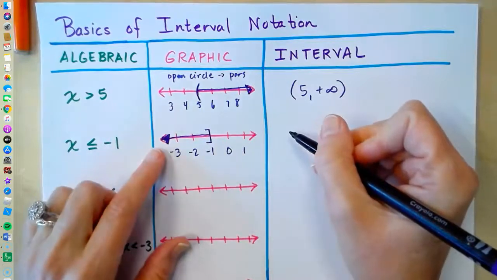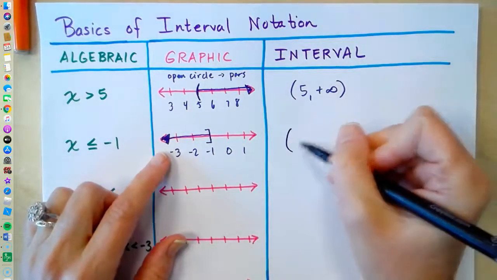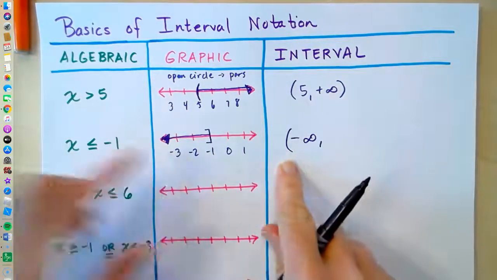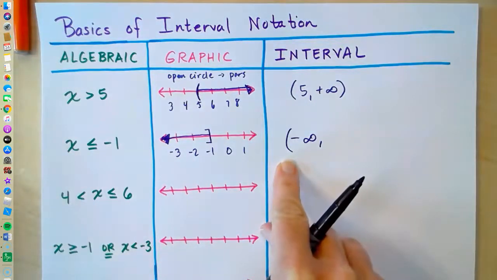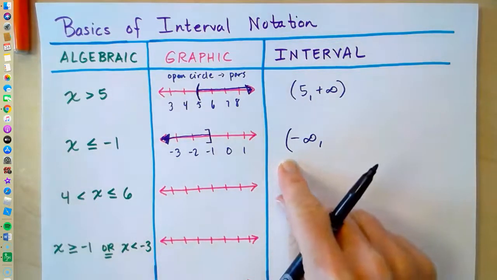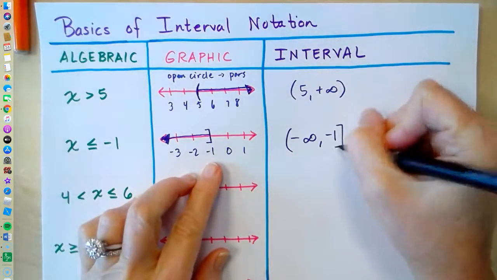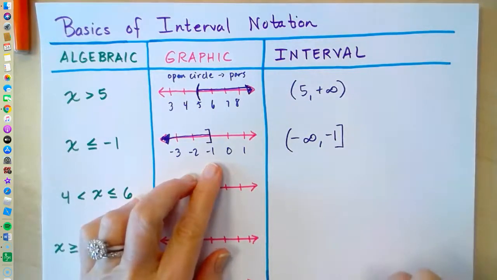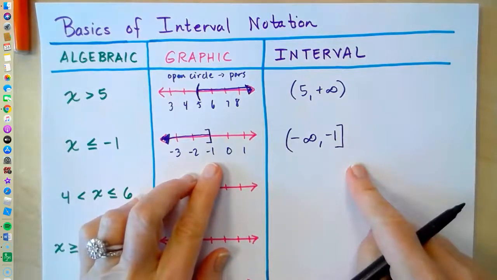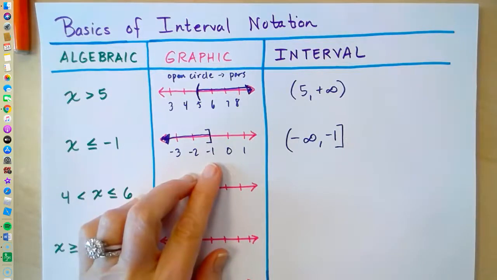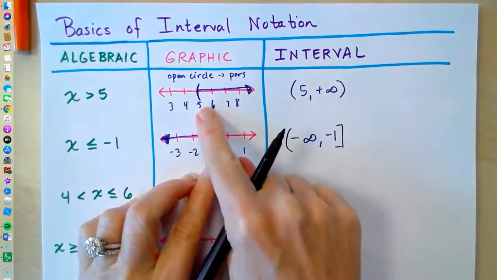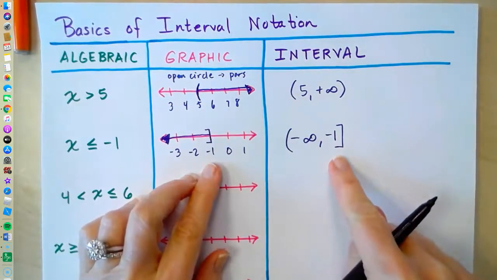So since left to right, we're starting with negative infinity. And once again, infinity is never bound with a bracket. It is always bound with a parenthesis. Always, always, always. And it goes up to and includes -1. So interval notation uses the parentheses and the brackets. Parenthesis, not inclusive. Brackets, inclusive.